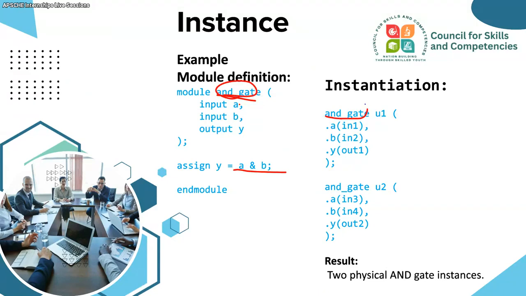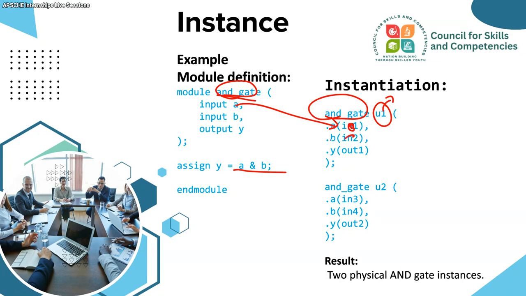I give the module name and one instance of that module, and then I want to connect. I can connect by position or by name. Here we are using connection by name. So this input port is connected to the in signal of this instance.